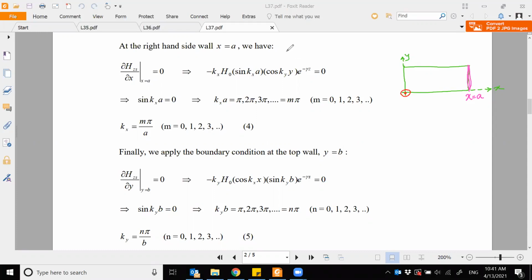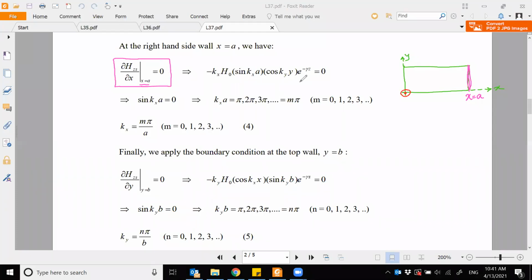So if I apply to this boundary, this is my boundary condition, which is dou HZS over dou x, the same as before, but now I'm applying it at x is equal to A. So therefore, it should be equal to 0.